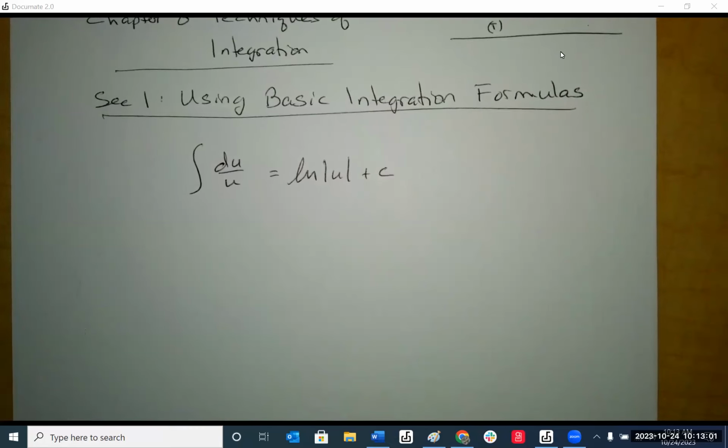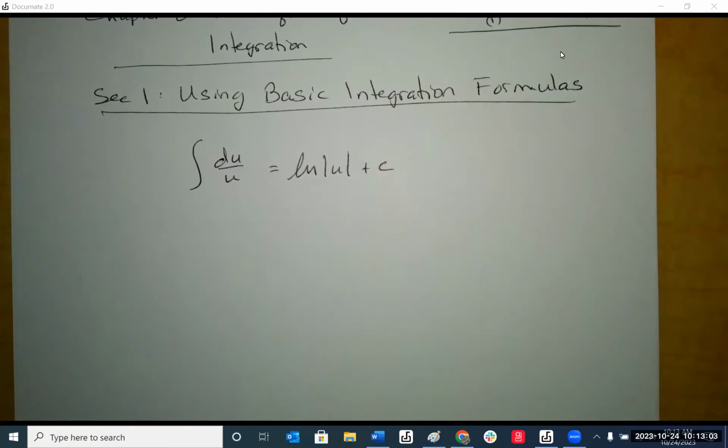So that's going to be the hard part for this section. We're going to be taking these equations and do whatever we have to make them work, to make them fit those formulas, the table that you have.